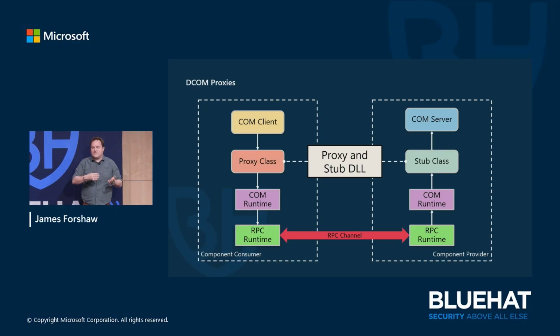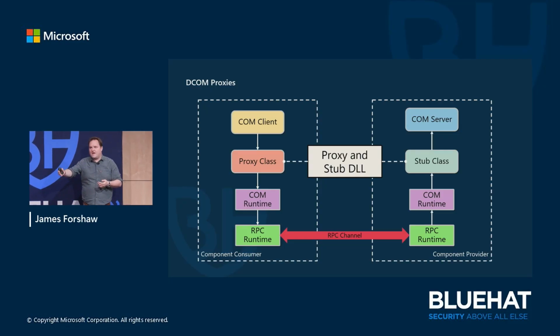So on the client side, you have the proxy, which acts as the marshalling layer. And then when it gets to the server side, on the COM component provider side, the RPC runtime and the COM runtime unpack that call and then pass that data to the stub class, which unmarshals the arguments and passes it finally to the COM server itself.